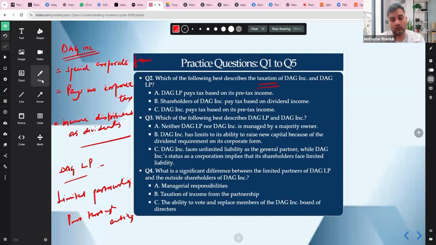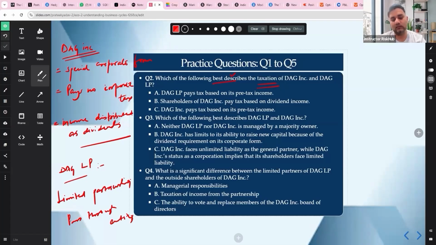So the correct logic here is that shareholders of DAG Inc. pay tax on their dividends, and partners of DAG LP pay tax at their personal level. That's the whole idea, because income is distributed as dividends.